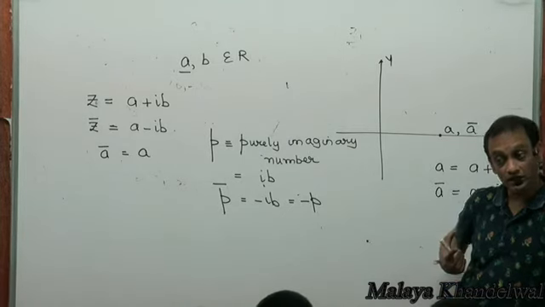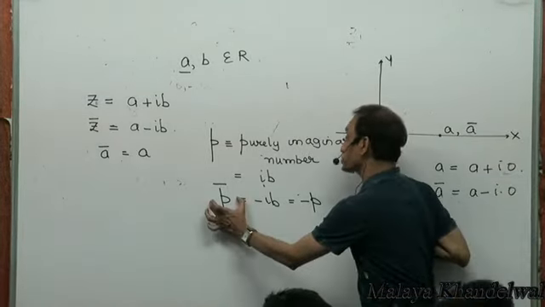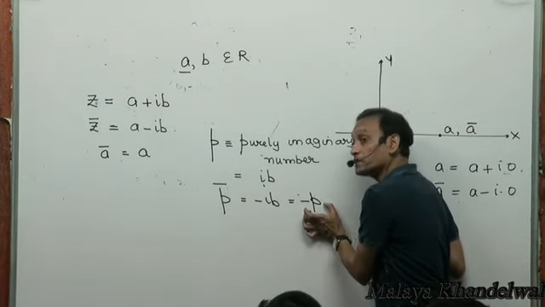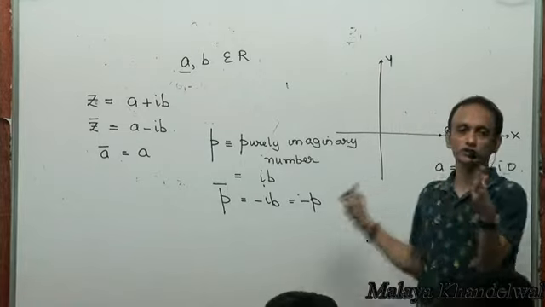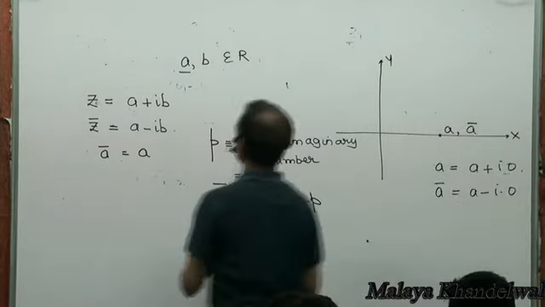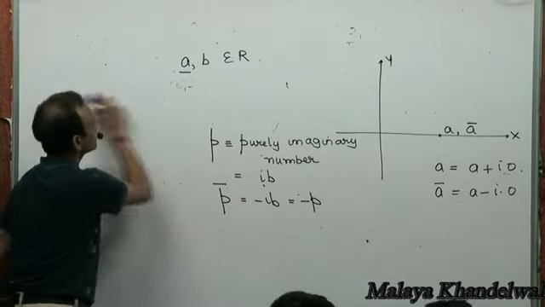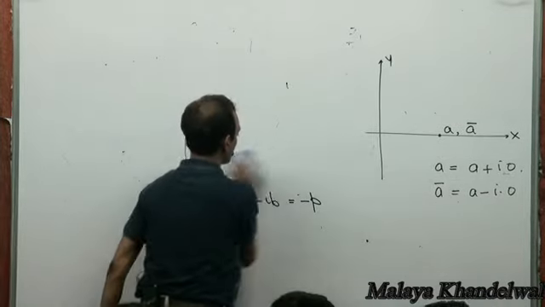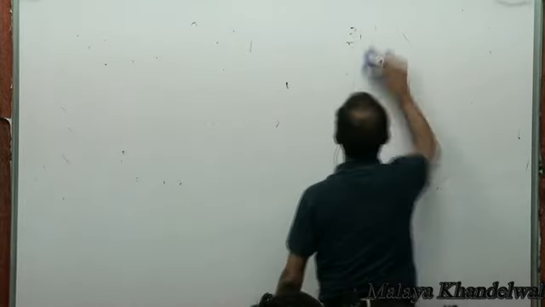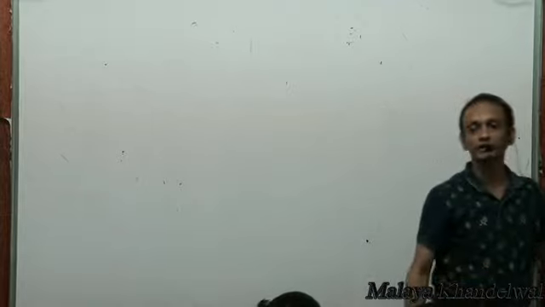And conversely, if there is a complex number such that its conjugate is negative of the number itself, then you can conclude that the number must be purely imaginary. So far so good, right?